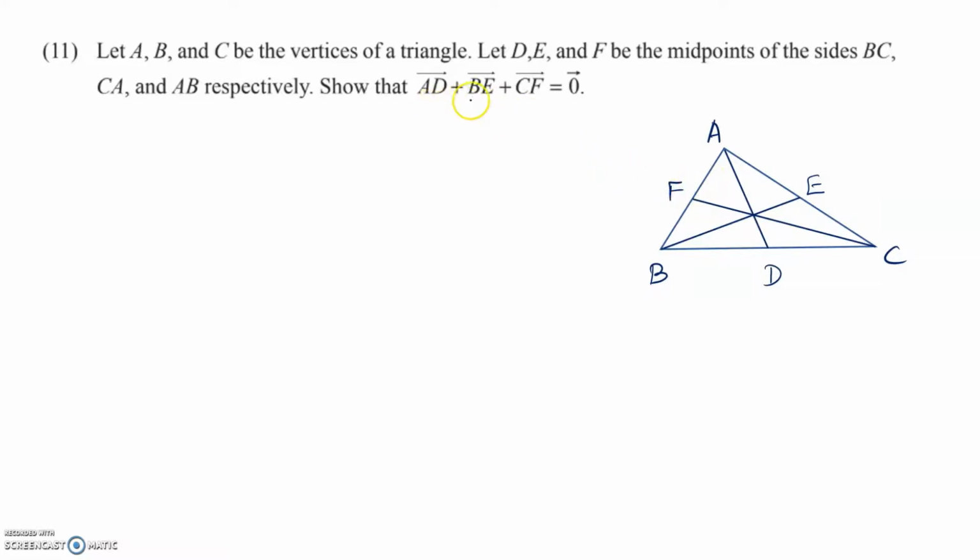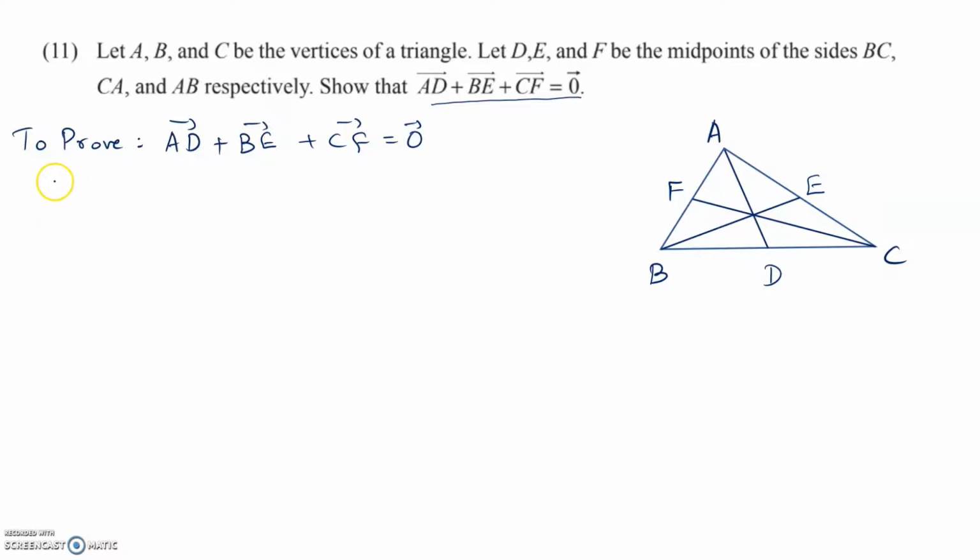So vector AD plus vector BE plus vector CF is equal to 0 is what we have to prove. Okay, so let's say to prove vector AD plus vector BE plus vector CF is equal to 0 vector.